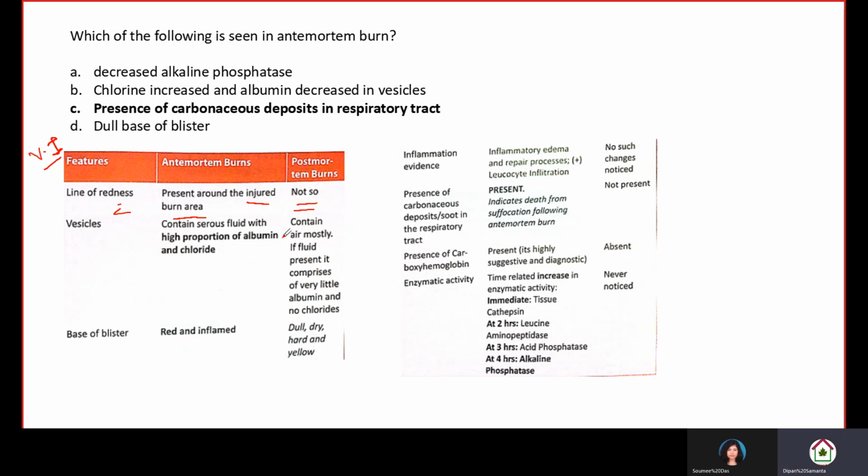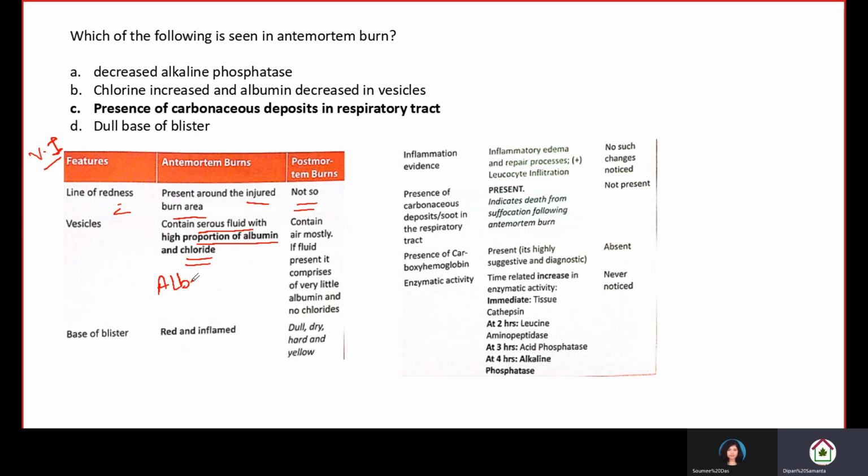Like line of redness present around the injured burn area, while in postmortem burn, there is no line of redness. In case of vesicles in antemortem burning, they contain serous fluid with a high proportion of albumin and chloride.